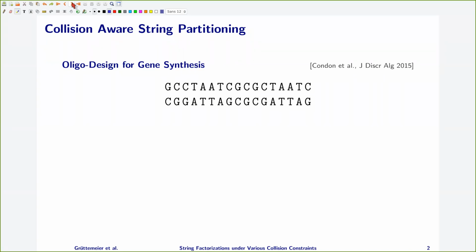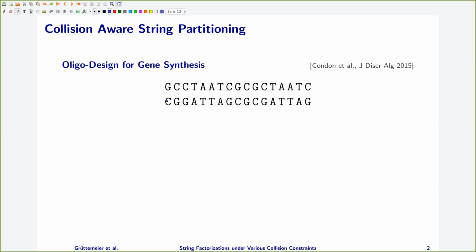We want to produce a longish double-stranded DNA string, and from a technical point of view, it's easier to produce short strings. These are called oligos. The idea of oligo design is that you produce short strings and then hope that they will assemble to the long string.